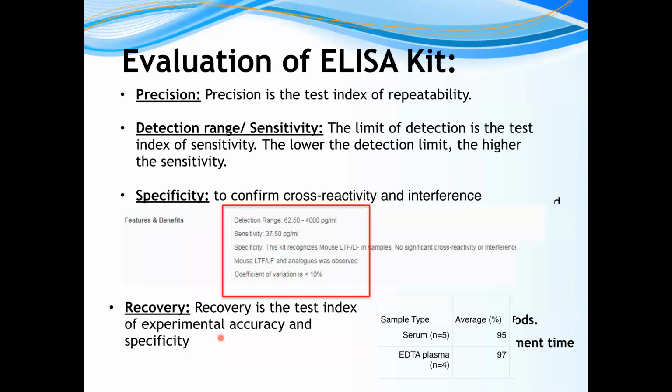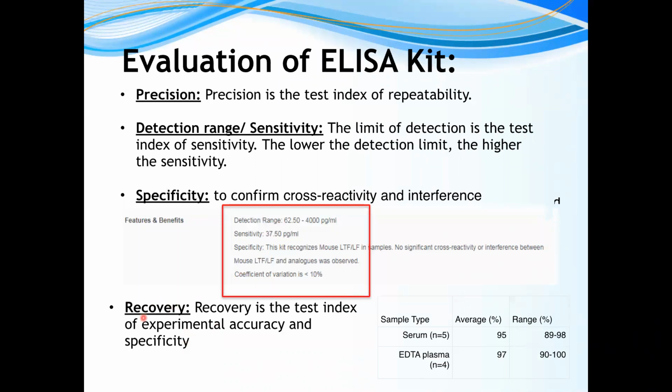The last parameter to evaluate the ELISA kit is the recovery. It is the test index of experimental accuracy and specificity. Recovery usually reflects the degree of loss of analyte in the sample during the process. As you can see here, the higher the recovery rate, the higher the accuracy. And how is the recovery rate determined?